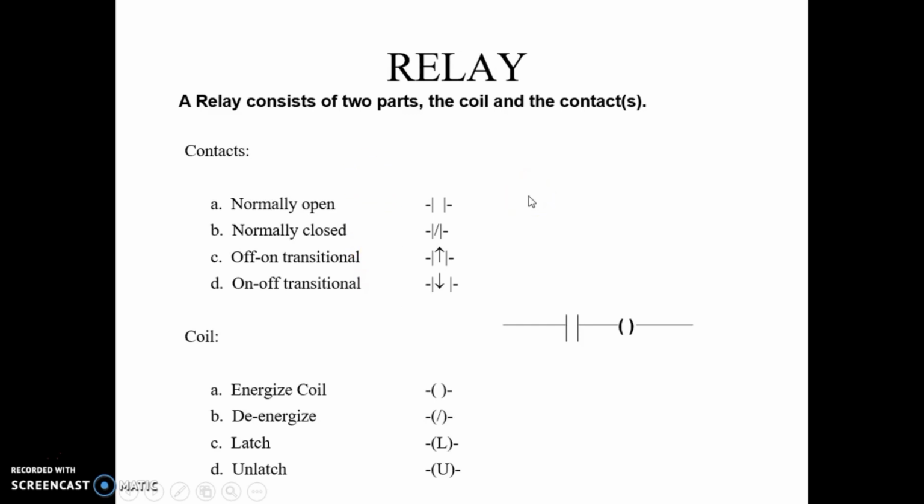Now here are the different contacts and coil symbols. Contacts are used as an input and coils are used as an output. So these are the different symbols, and this is the contact in ladder logic, and this is the coil in ladder logic.